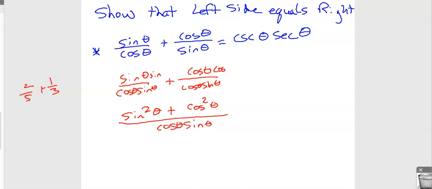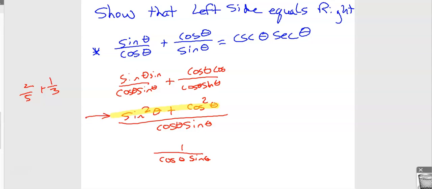So far I basically just got a common denominator and added them. But notice that right there, that's one of the trig identities. That actually equals 1. So that's 1 over cosine sine. All I did was substitute that for 1.